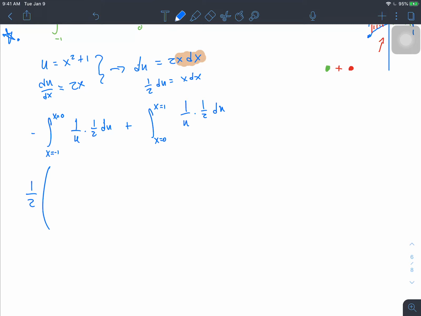And the integral of 1 over u is just going to become ln of absolute value of u. We're going to evaluate that at x equals -1 and x equals 0. And that should be negative. And then we'll add to it ln absolute value of u, evaluate that at x equals 0 and x equals 1.